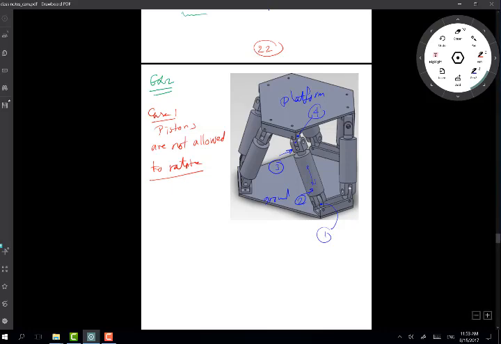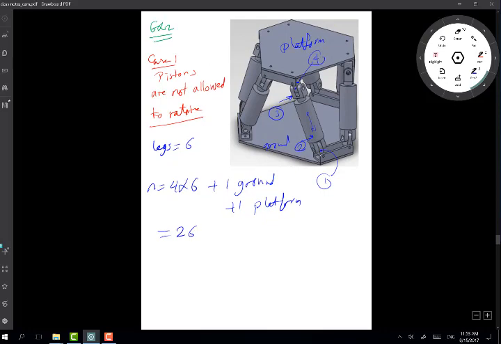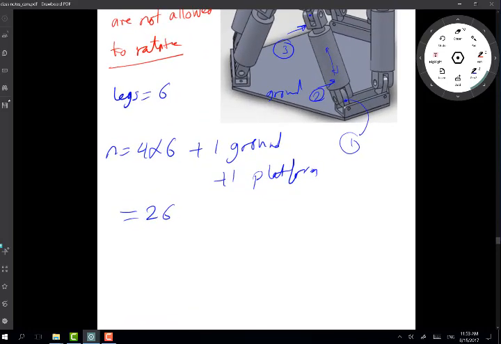I have 6 legs, so my number of links is 4 times 6, plus 1 for ground, plus 1 for platform, and they add up to 26. So I have 26 links in this case, right?